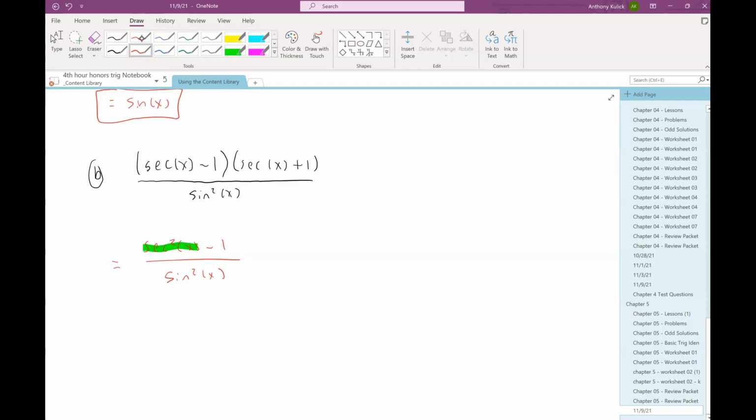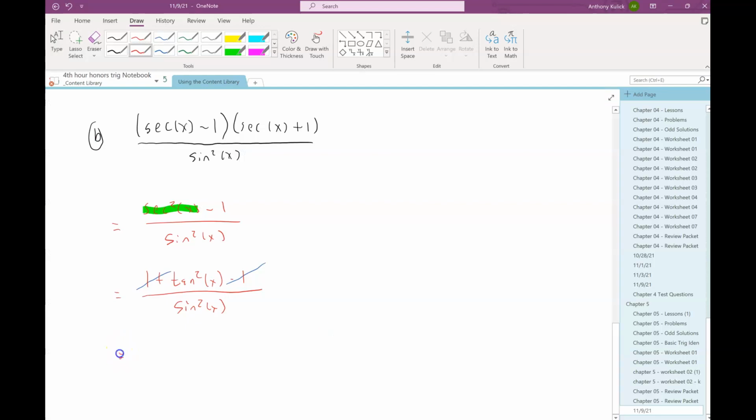All right, so what I would do is I'm going to use an identity. I'm going to use one of the Pythagoreans, and I'm going to replace the secant squared there with 1 plus tangent squared. And I'm excited to do that because the plus 1 and the minus 1 can just cancel each other out.